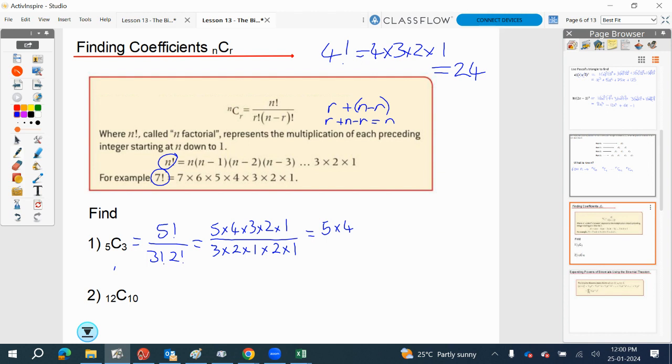We need to multiply it by 3 factorial. Here we've got 3 factorial, and here we have 2. So the 3 factorials can cancel, and this 2 can cancel with that 2. How much are we left with? 10. Have a go at calculating 12C10 for yourself.